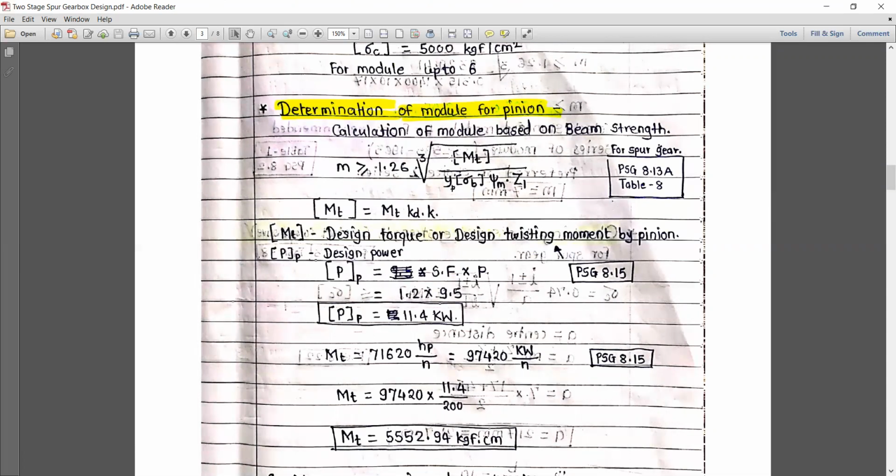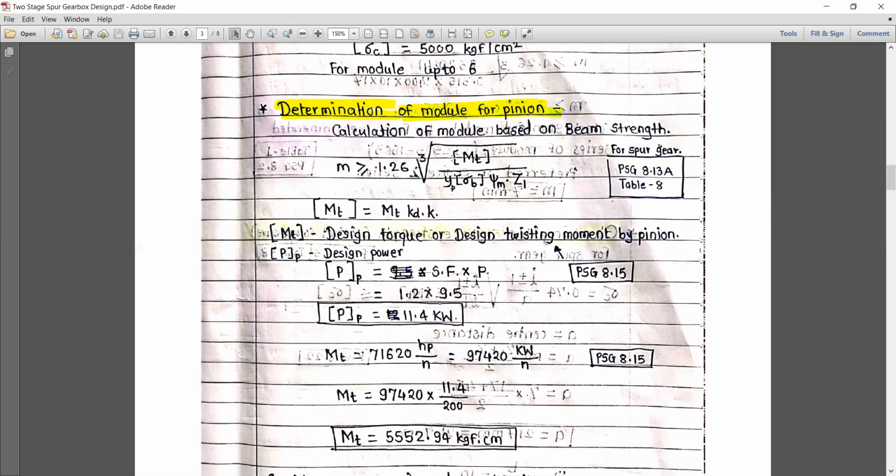As we are using spur gear, from table number 8 you use this equation properly: m is greater than or equal to 1.26 cube root of design MT divided by y, Lewis form factor, sigma b design bending stress, psi m ratio of b by m, and z1 the number of teeth on pinion. Now a few things are unknown, so we will calculate these one by one.